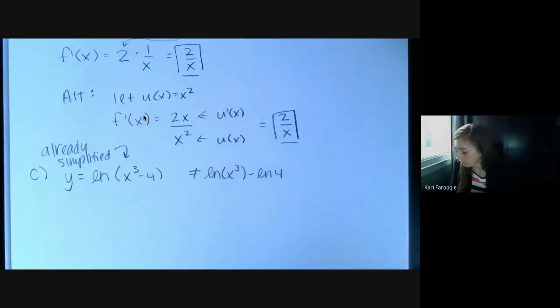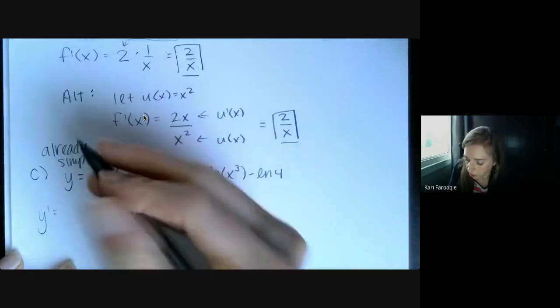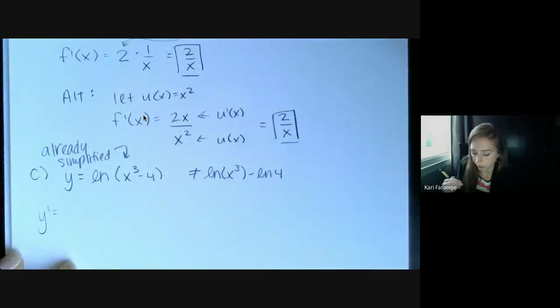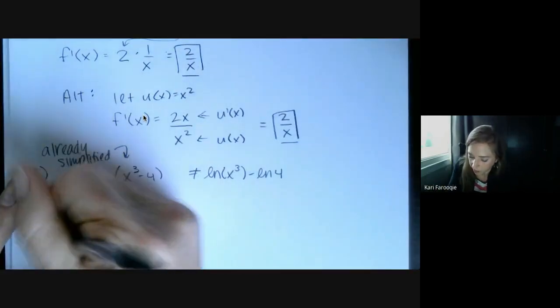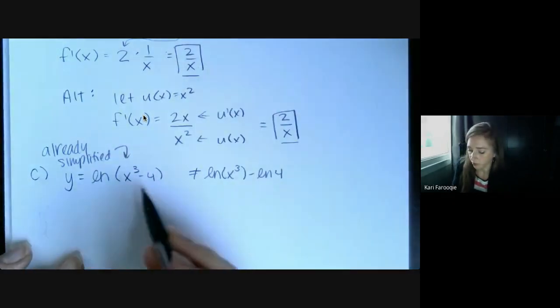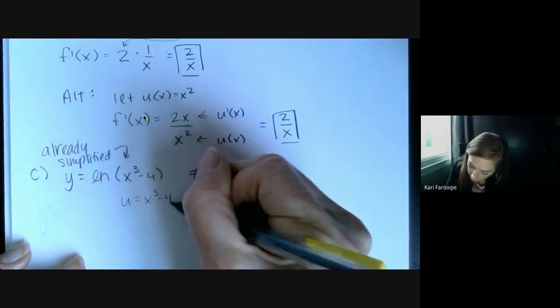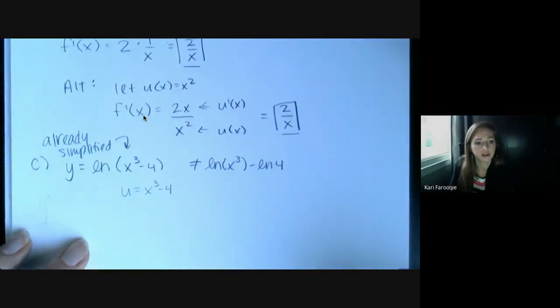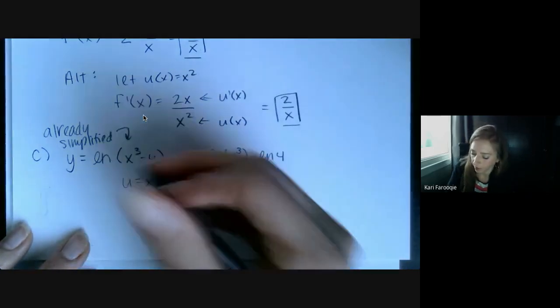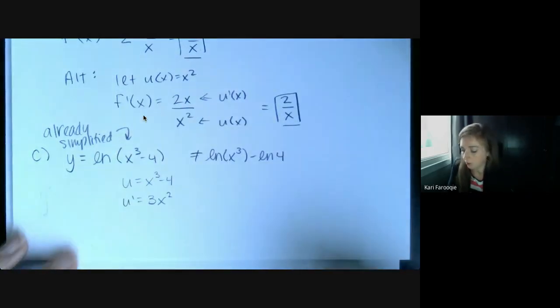So you're just going to have to take the derivative the old-fashioned way. So I'm going to use the rule that says that y prime is going to be equal to u prime over u. So if you'd like, go ahead and write your function u. So for the natural log of u, we'll have u equals x cubed minus 4, your inside function. And then u prime is 3x squared.